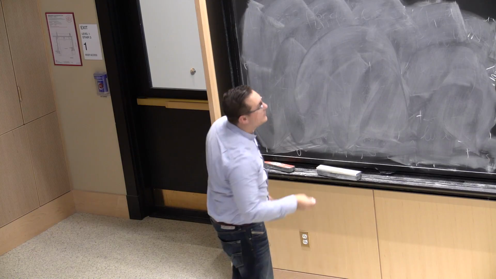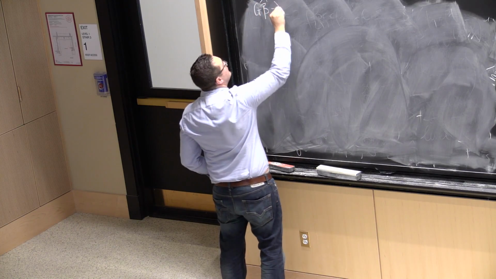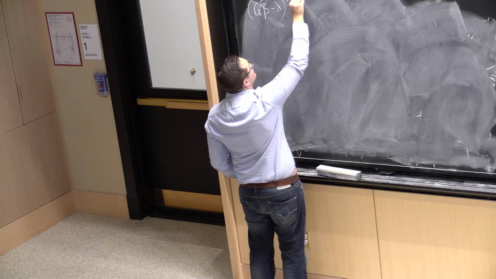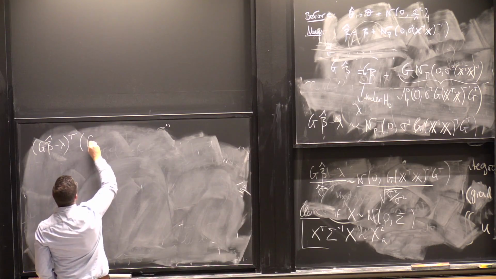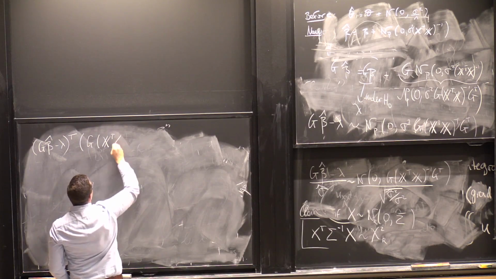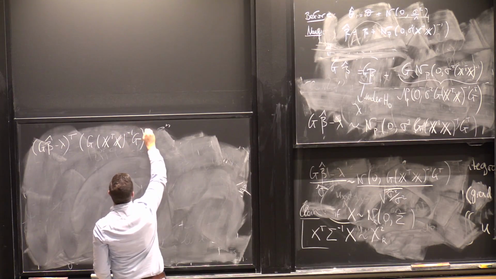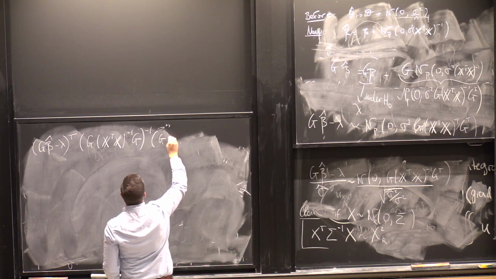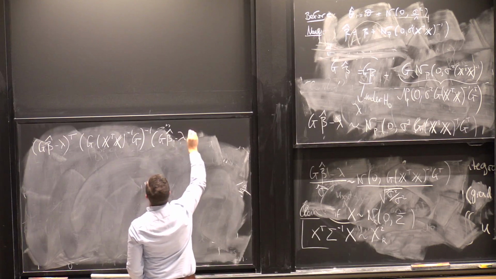is by saying, well, now if I look at G beta hat minus lambda transpose, and now I need to look at the inverse of the matrix over there. So it's G X transpose X inverse G inverse, G beta hat minus lambda.